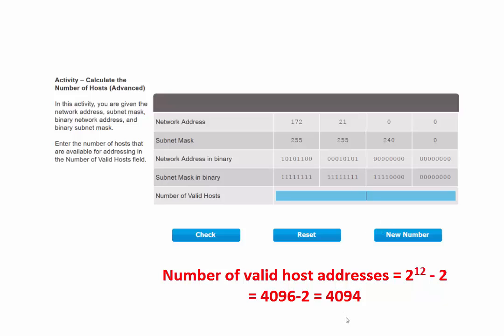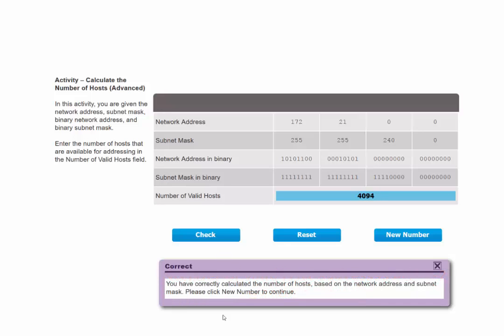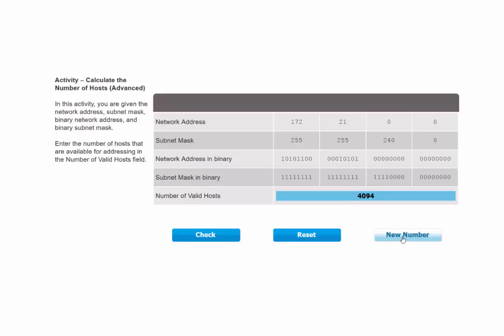We know that 9 bits will give us 512, 10 will give us 1024, 11 will give us 2048, and 12 will give us 4096. So it's 4094. Let's see. Okay. So I was lucky in that because I did not use the calculator, but if it's a little bit difficult, you can use the calculator for that particular example, and so on.